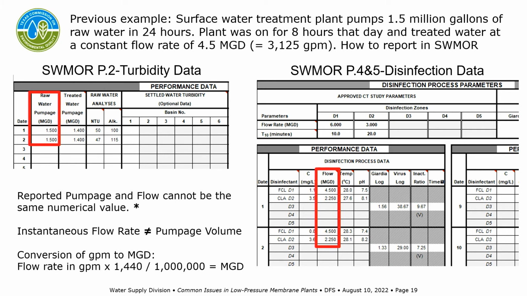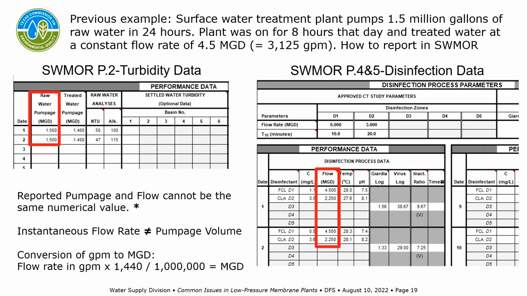The only time pumpage and flow rate would be the same numerical value is if the plant treated water continuously at a constant flow rate for 24 hours straight. And no plant really operates that way. So when we see that, we can pretty much tell right away that the flow rates are being reported incorrectly.